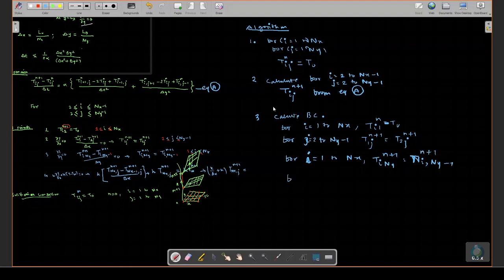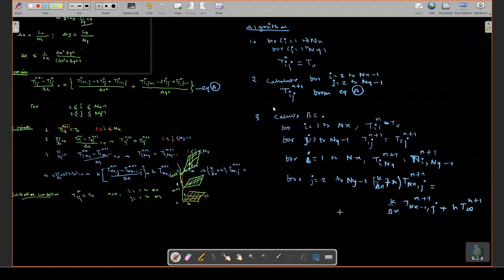And for this last point, for j equals 2 to ny minus 1, you have this equation: k over delta x plus h, in bracket T(nx,j)^(n+1), equals k over delta x T(nx-1,j)^(n+1) plus h T infinity^(n+1). T infinity also will be a known value.